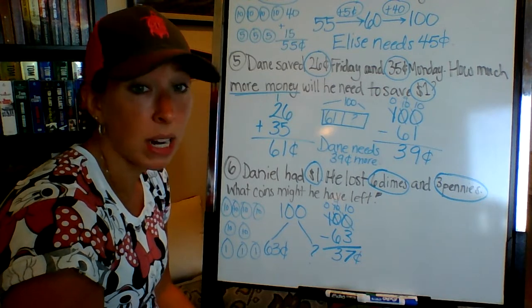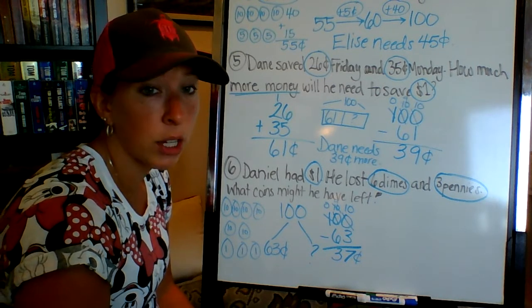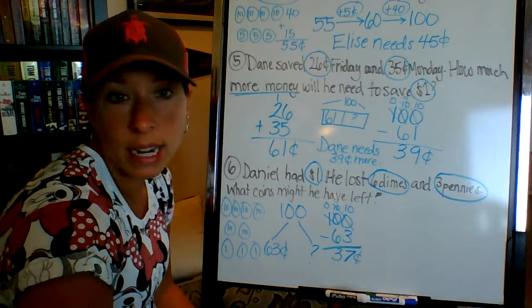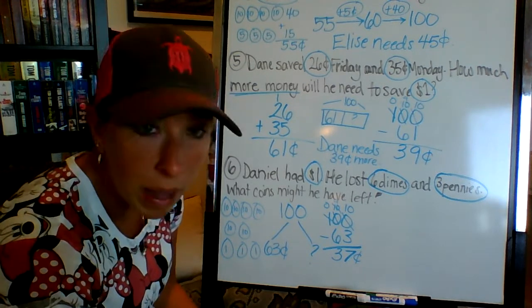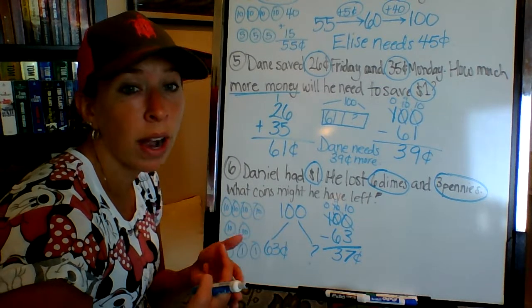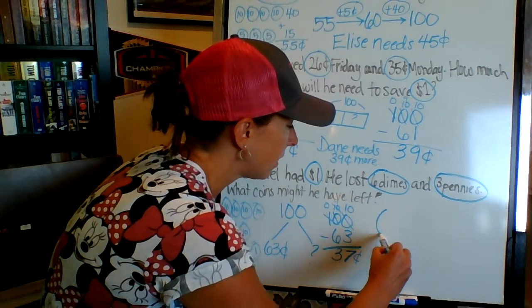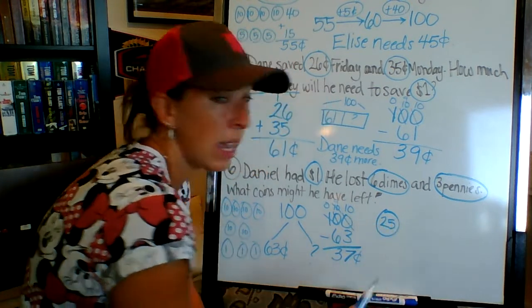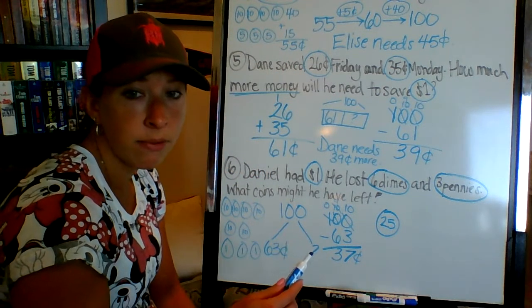We could do dimes and pennies. We could do a quarter and a dime and some pennies. We could do nickels and pennies. You could do 37 pennies. Okay. I'm going to take the highest coin and I'm going to start there. So I'm going to say that he had, what's the biggest coin we've worked with? A quarter, right? He had a quarter, so that's 25.